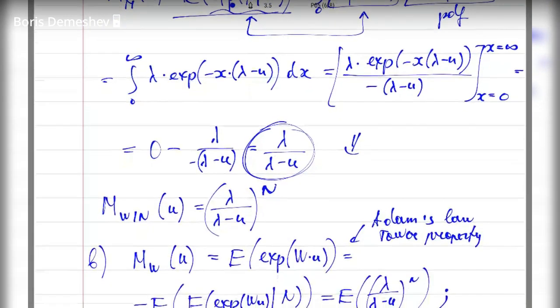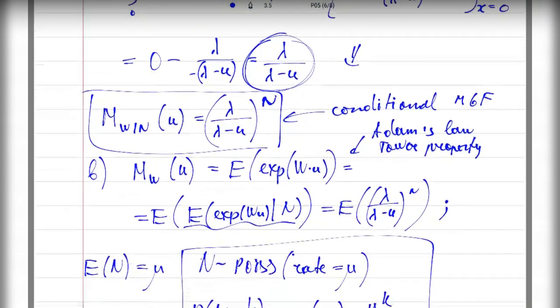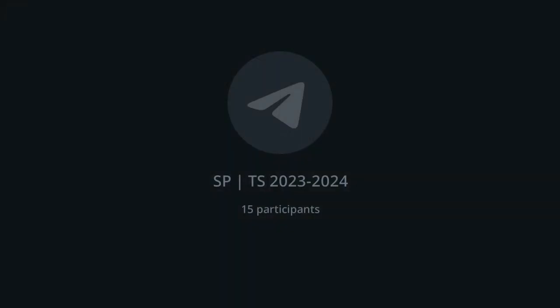And so I have a conditional moment generating function, that's conditional MGF. And to get unconditional MGF from conditional MGF, I just take expected value. That's Adam's law.